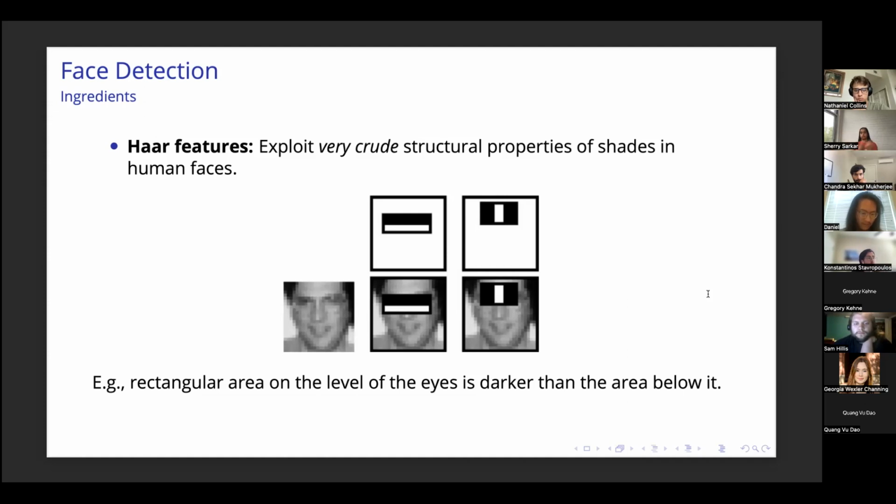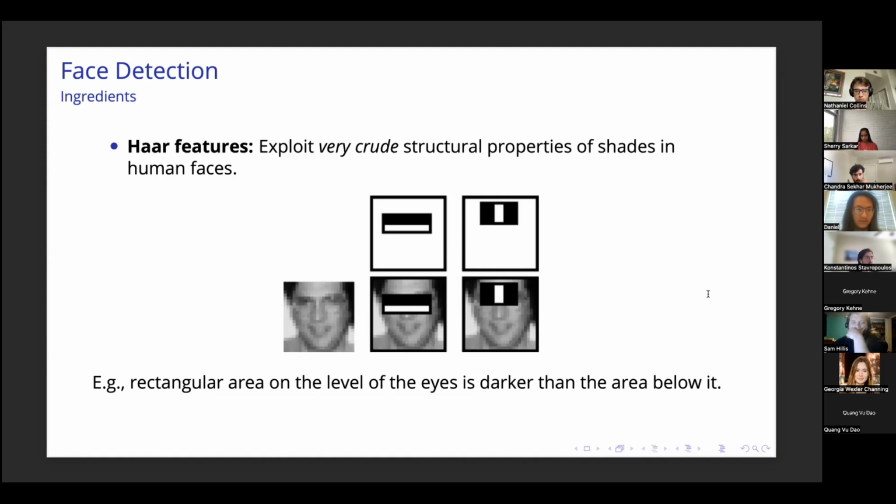And what would that mean? That would mean that if the value that we get is large, then this is consistent with the belief that this part of the image could be the area of the eyes and the nose, because the area of the eyes and the nose has this property that there is more dark at the level of the eyes.